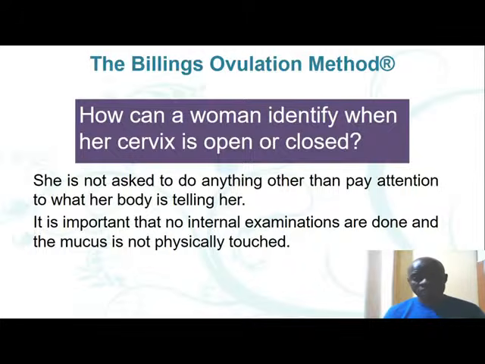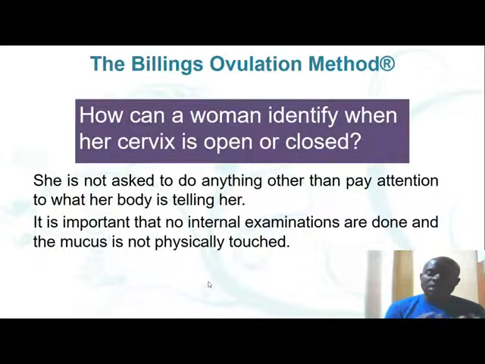That was one of the functions. The second function is that the fertile mucus provides a road network or transportation for sperm to travel up to the fallopian tube. The third one was to lock out the abnormal sperm. That is the fertile mucus.